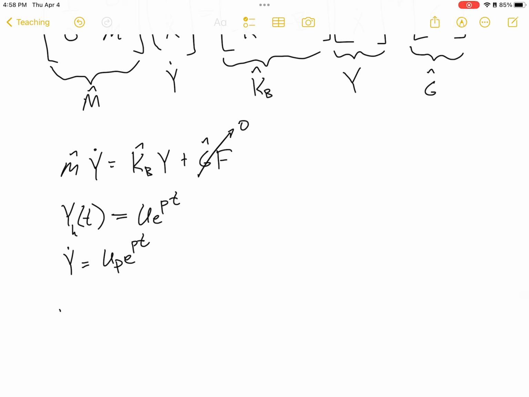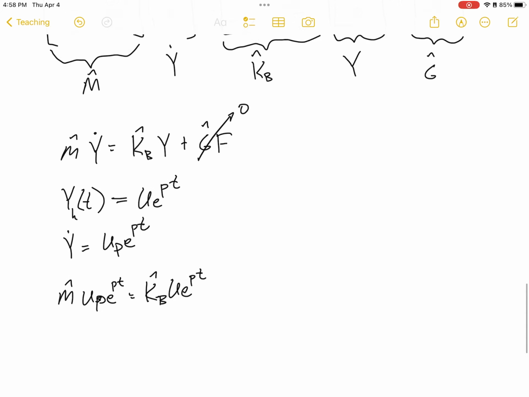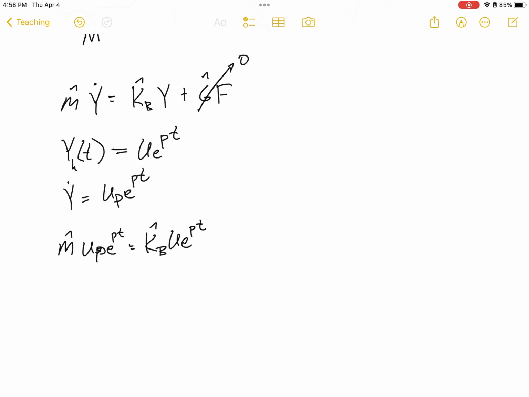So m hat u p e to the pt equals kb hat times u e to the pt. And if we do a little bit of moving around in algebra, we'll have minus p m hat plus kb hat, multiplied by u e to the pt equals 0.